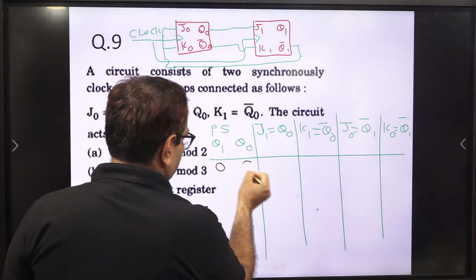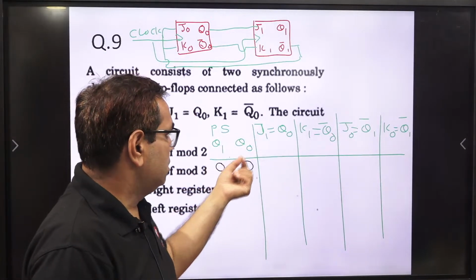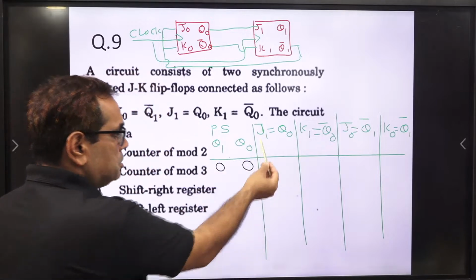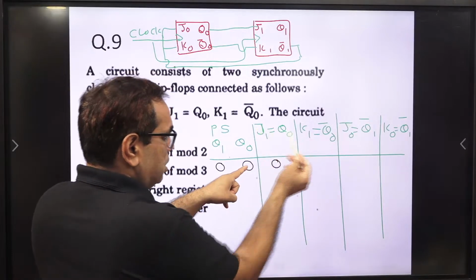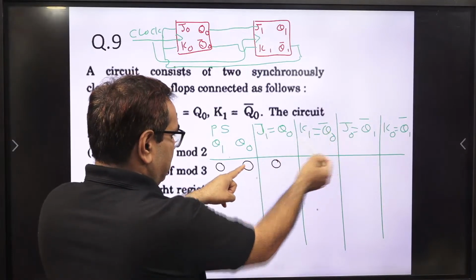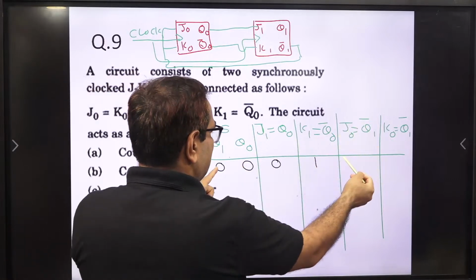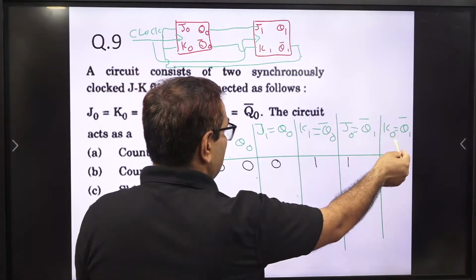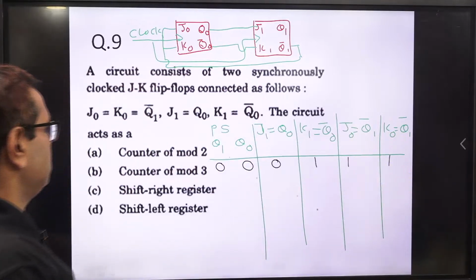Now what if these are 0 0? Then what will be J1? J1 is equal to Q0. Q0 is 0 here, so J1 is 0. K1 is Q0 complement, so 0 complement is 1. And J0 is Q1 bar, so 1. And K0 is also Q1 bar, so 1. This is the input.